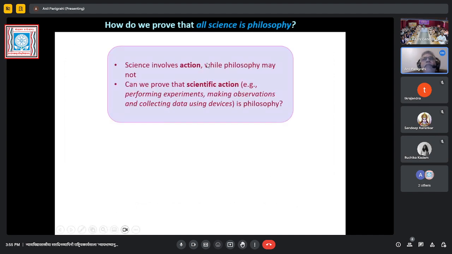We have discussed that science involves action: conducting an experiment, taking observations, collecting data, interpreting data. Those are all actions. Now, can we prove that scientific action is philosophy? This is the big question that we will be dealing with.